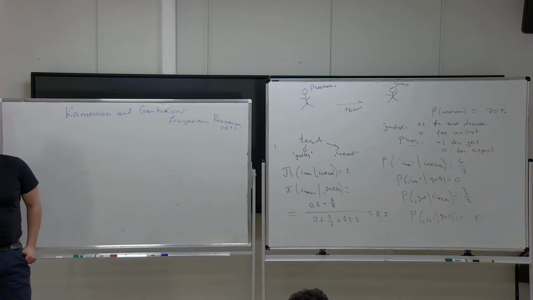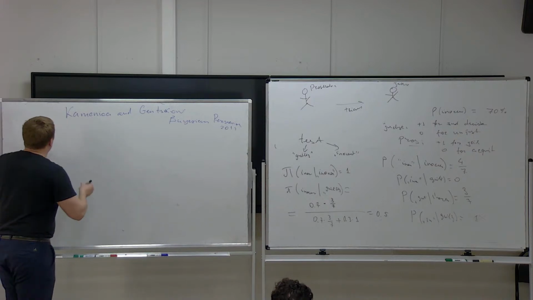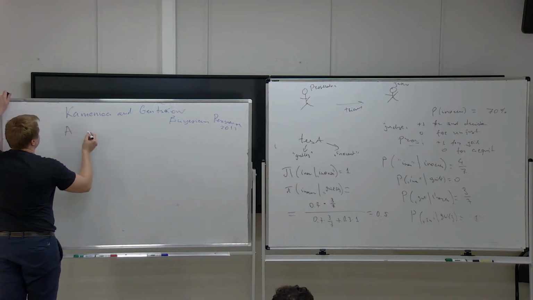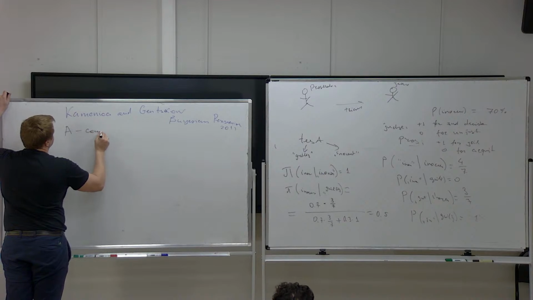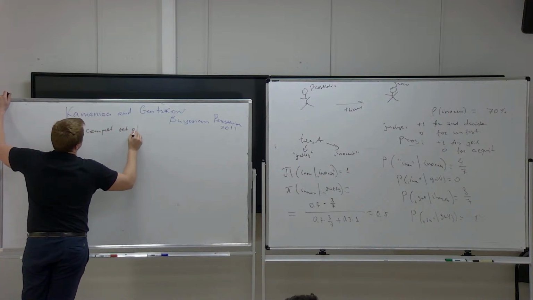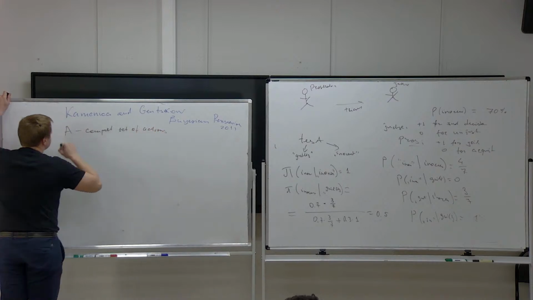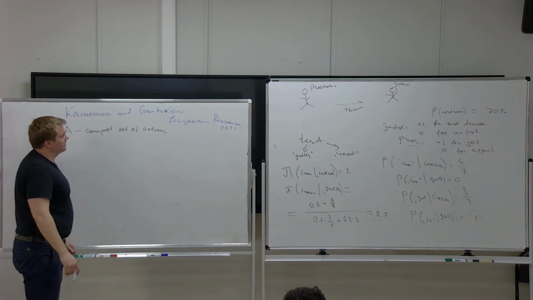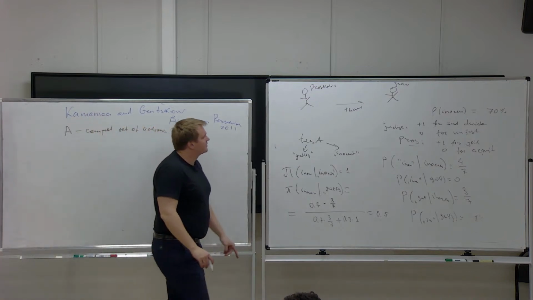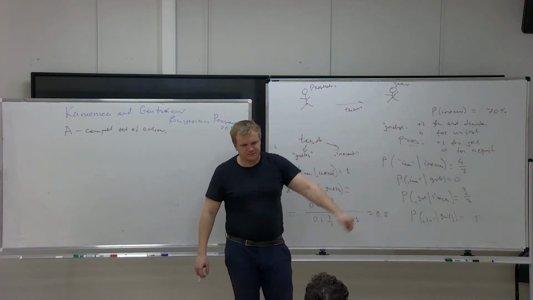Okay, so the model is the following: we have a sender and a receiver. The receiver has a compact set of actions, compact in some Polish space, whatever. In this example, the receiver only had 2 actions, which is compact.